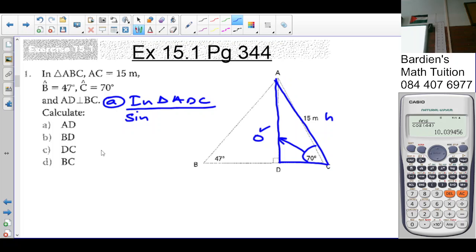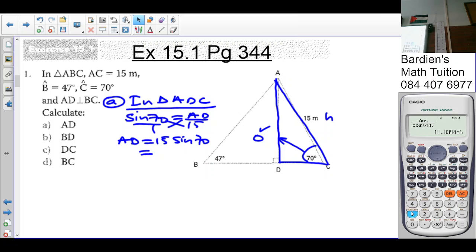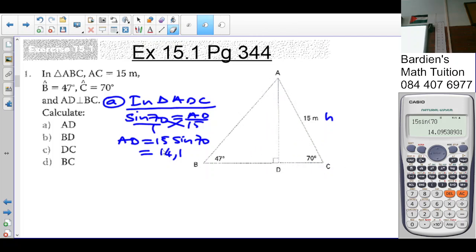Okay, so it's going to be sine of 70 equals AD over 15. Cross multiply. So AD is equal to 15 sine 70. Put in the calculator, 15 sine 70 gives you 14,095. So it's 14,1. You all okay with that? So you put here 14,1 meters.